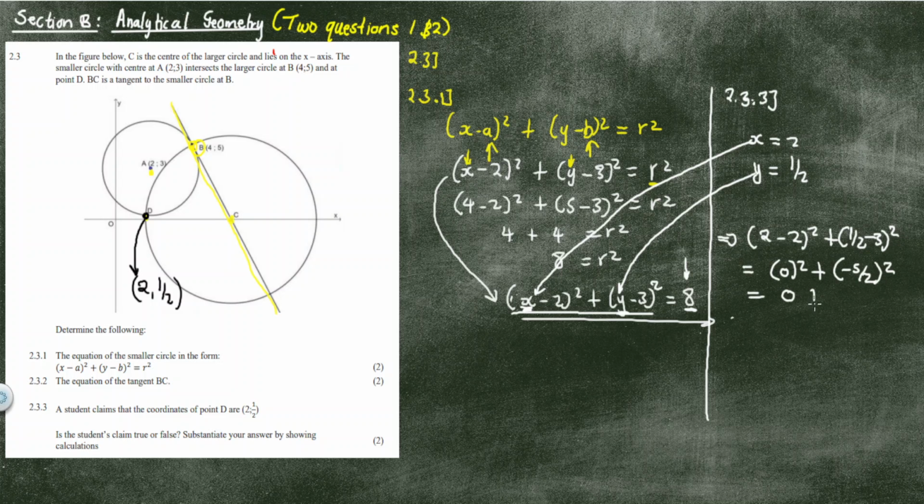So your answer is 0 here, then the total answer is 25/4. We can see that 25/4 is actually not equal to 8.